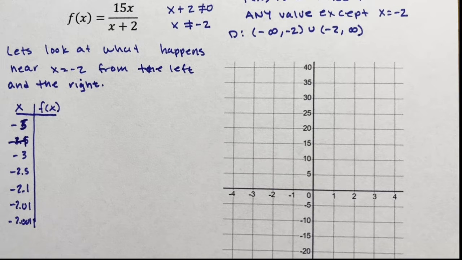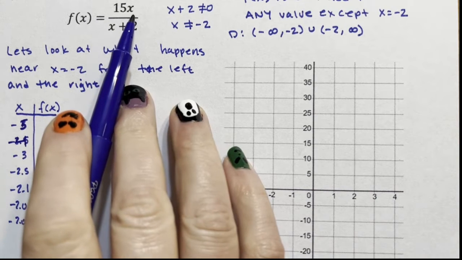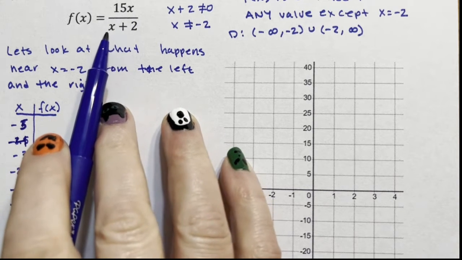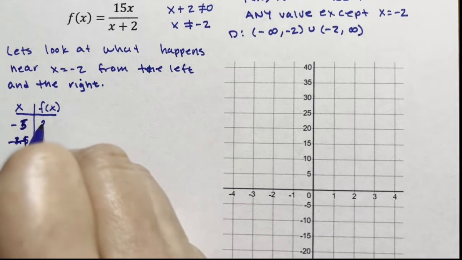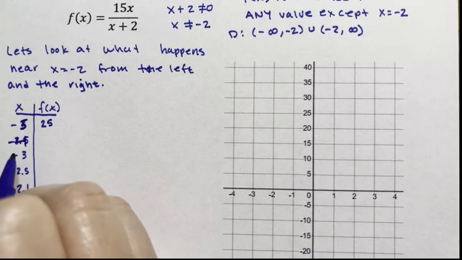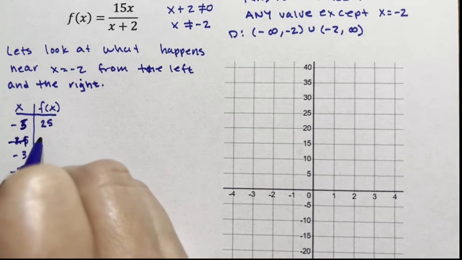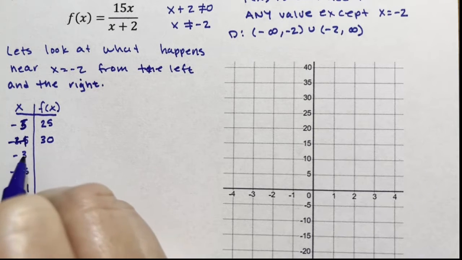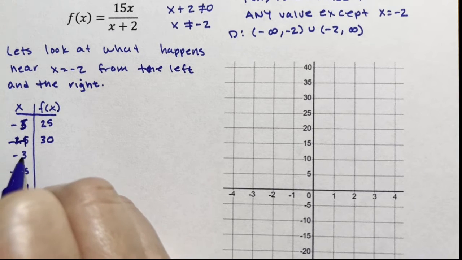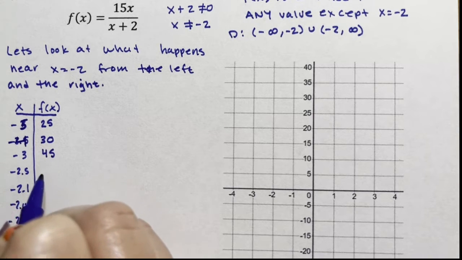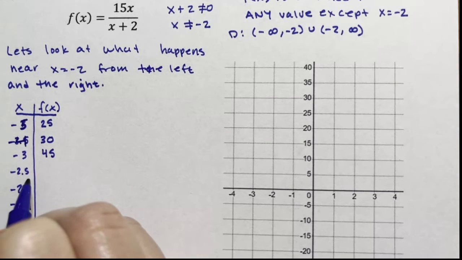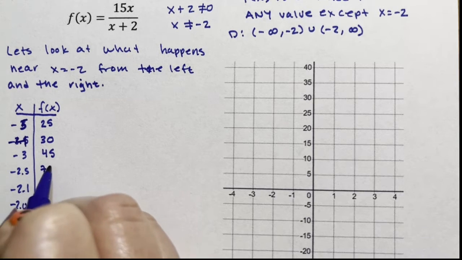If we put negative 5 into this equation, so 15 times negative 5 divided by negative 5 plus 3, we get 25. If we put negative 4 in, we get 30. If we put in negative 3, we get 45. If we put in negative 2.5, we get 75.